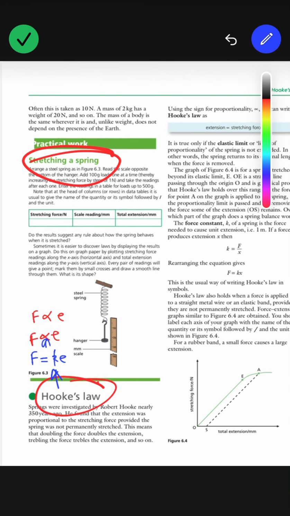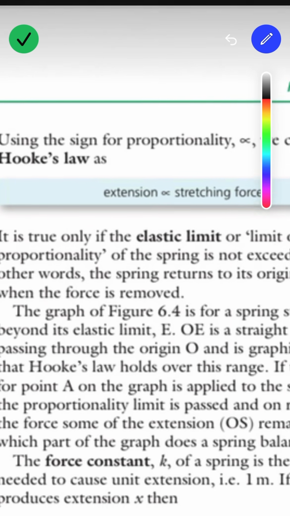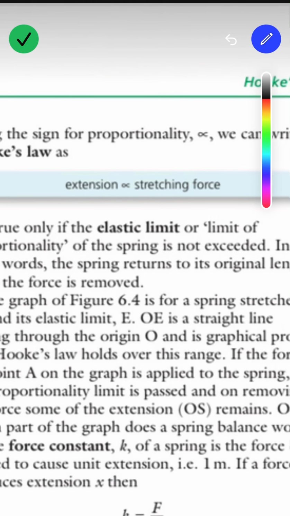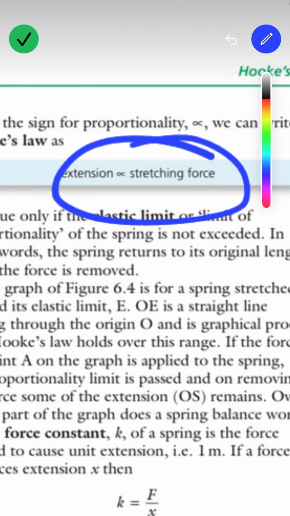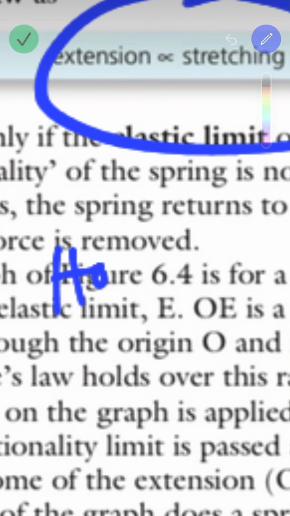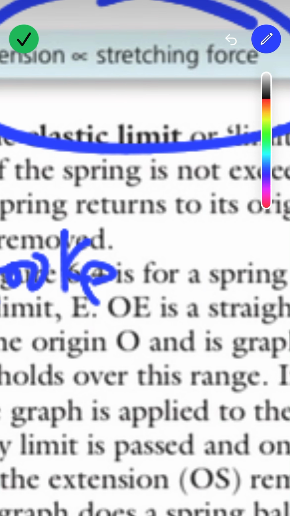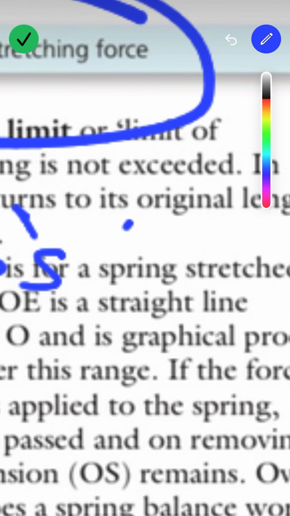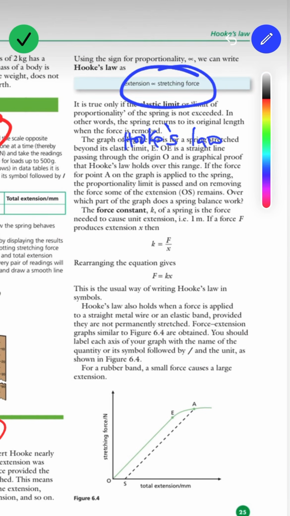So for anything that can stretch, we tend to use that. That's what we call Hooke's law. That's Hooke's law for us.